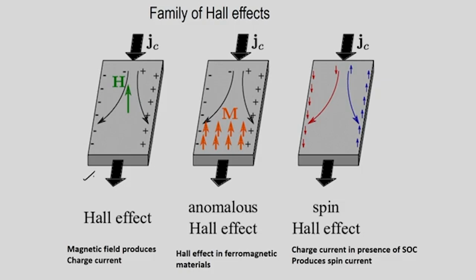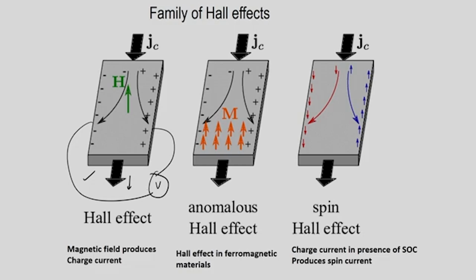There is a current sent in this direction, shown here, and there is a magnetic field perpendicular to the plane of this sample, and the positive and the negative charges separate, giving rise to a Hall voltage. If you connect a voltmeter here, it will show you a voltage because of the migration of the charges.